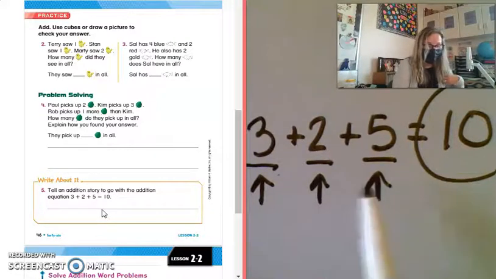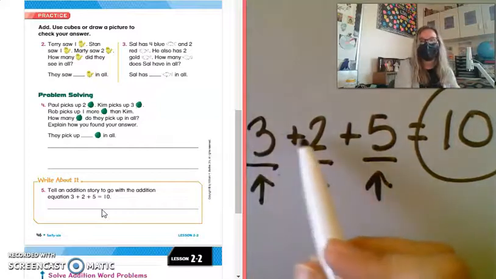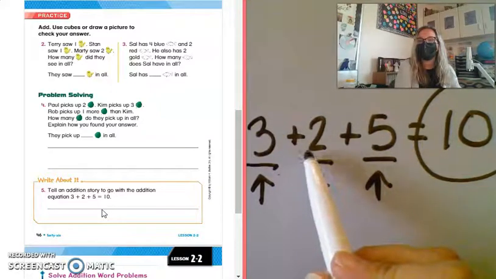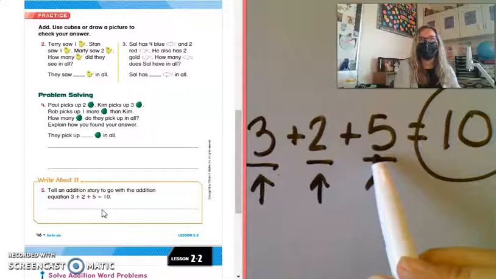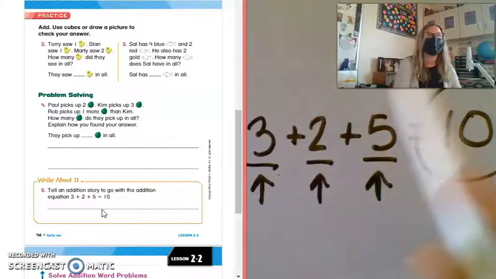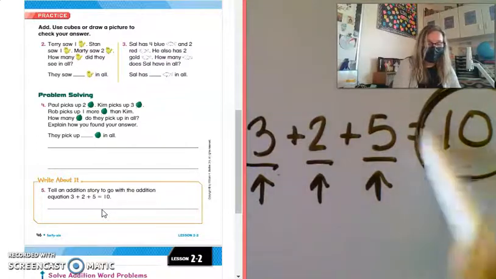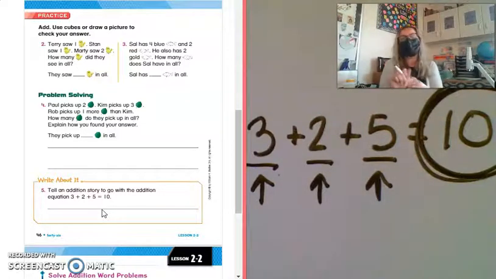So for breakfast, he had 3 pancakes, 2 pieces of bacon, and 5 eggs. How many pieces of food did he have all together for breakfast, everyone? 10. Great word problem. That was very nice.